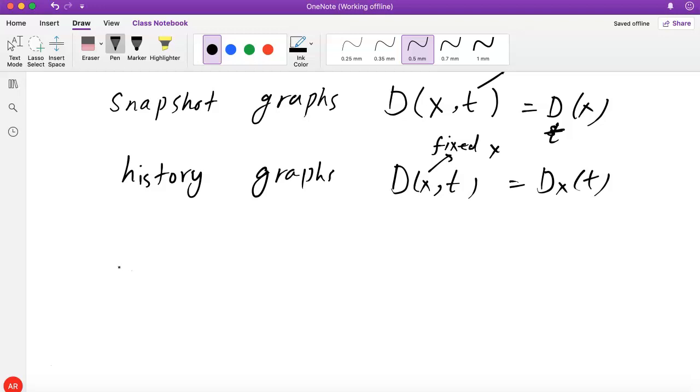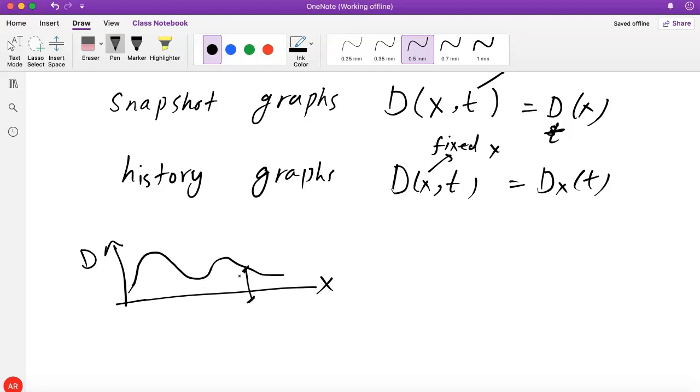So in particular, we found this relationship. So let's say this is maybe a particular snapshot. We found that if we focus on this particular point and we want to get its history graph, let's say that's the snapshot at t equals 0, then we just kind of reflect these, right?